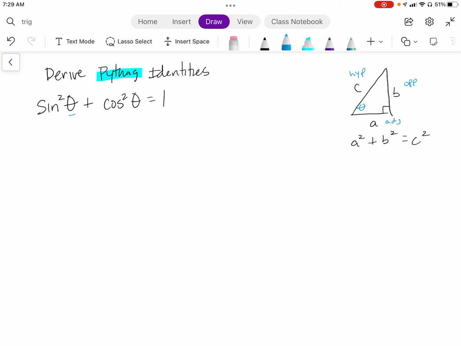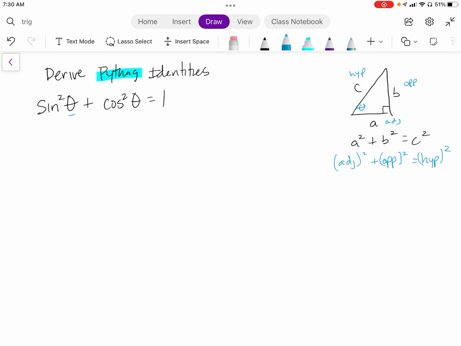So therefore, I can rethink of A squared plus B squared equals C squared in terms of the theta and where these sides are located, right? A is now the adjacent side squared, B is the opposite side squared, and C is the hypotenuse squared.